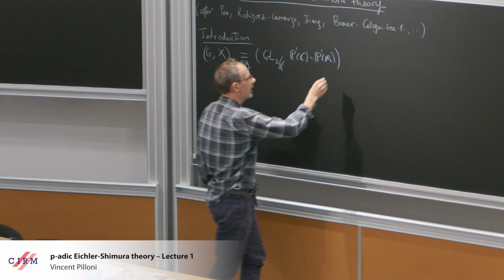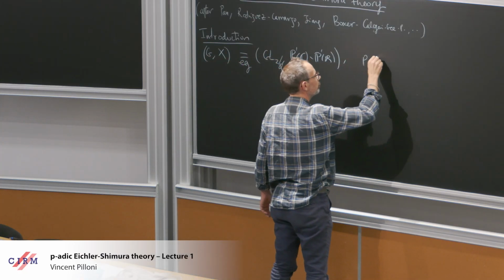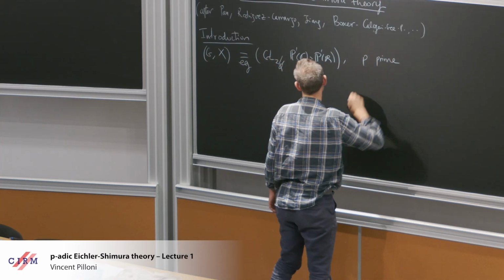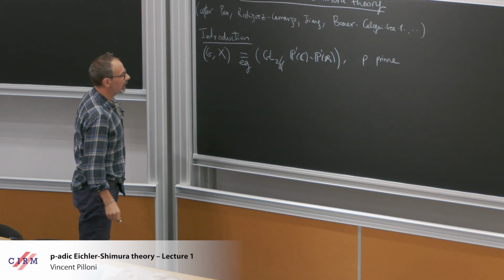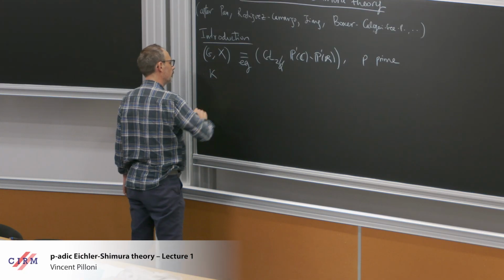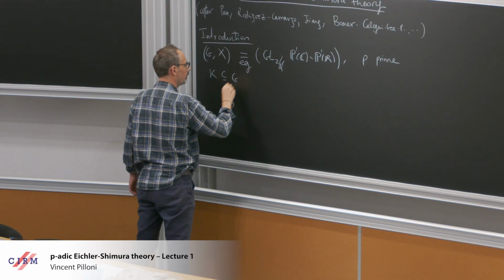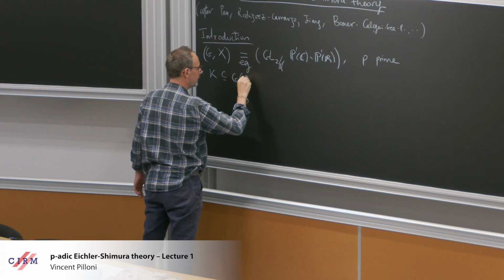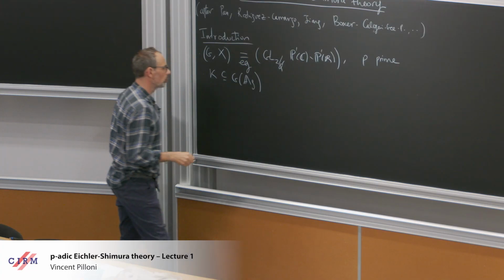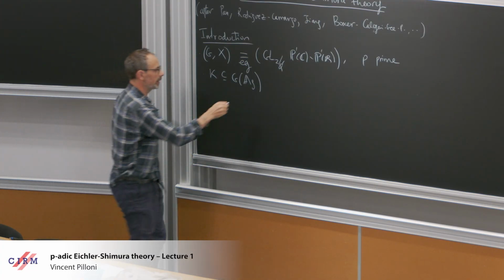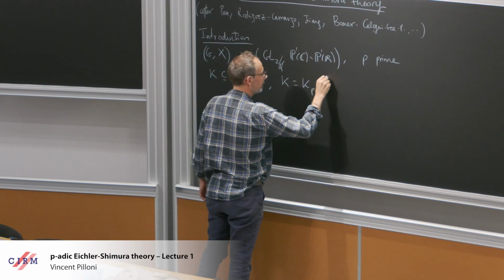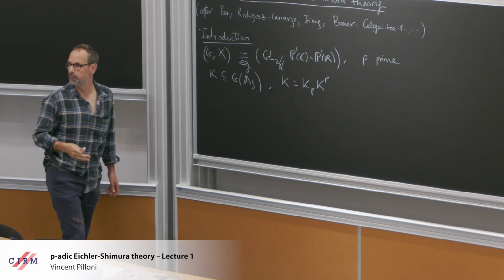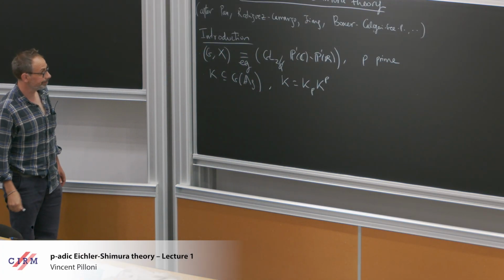I will also have a preferred prime number p, and then I fix some K, which is a compact open subgroup in the finite adeles, which I also want to write in the form K^p K_p, the prime-to-p part and the p part of the compact.